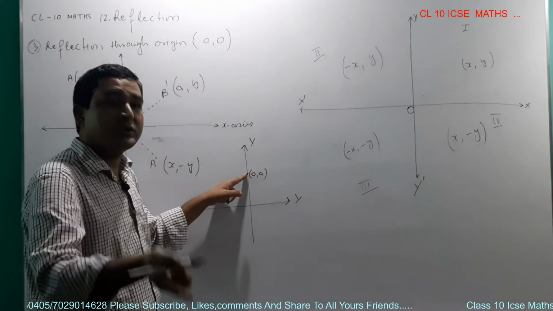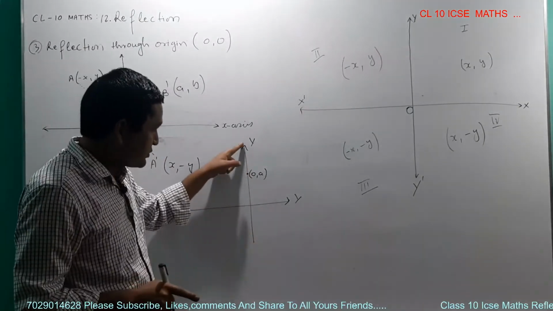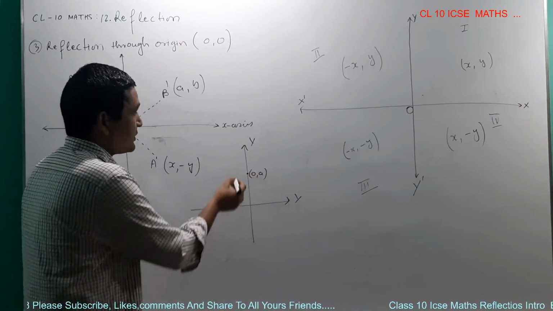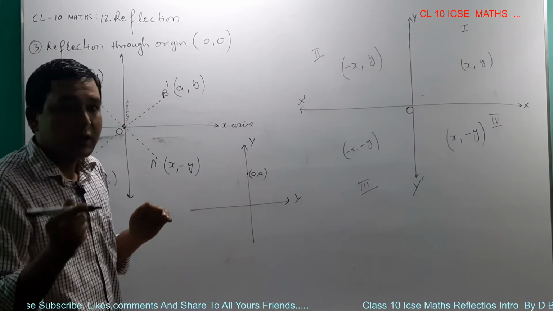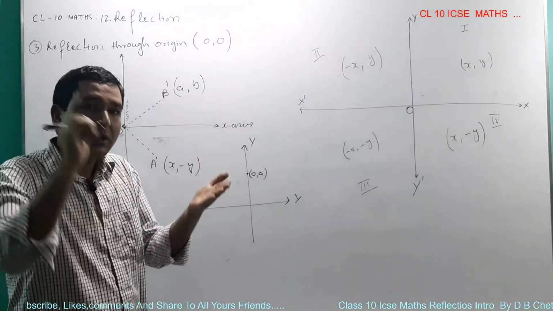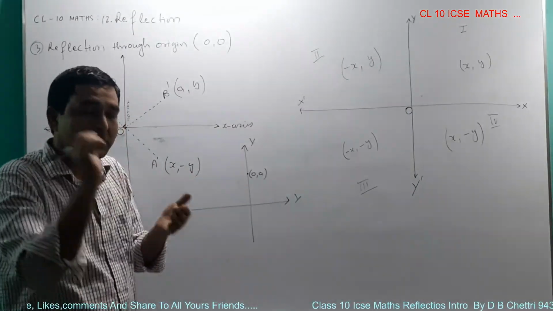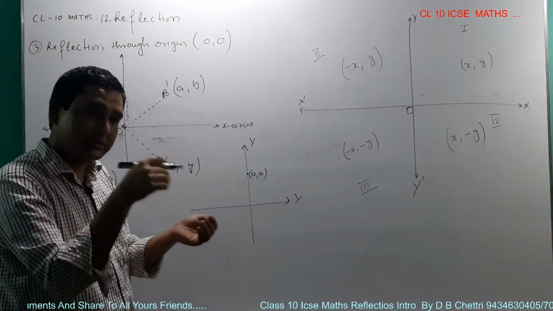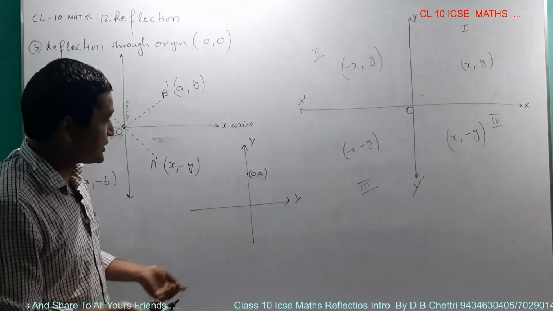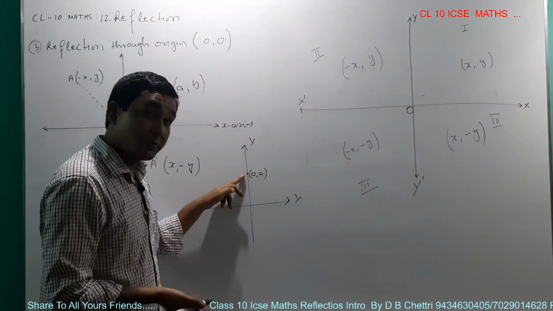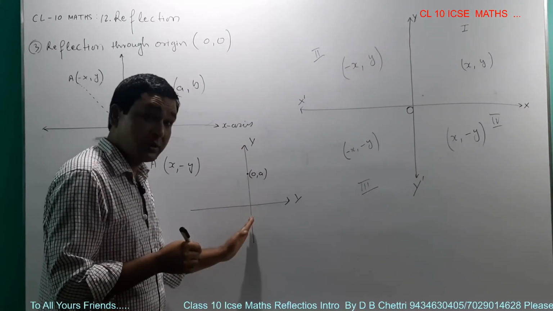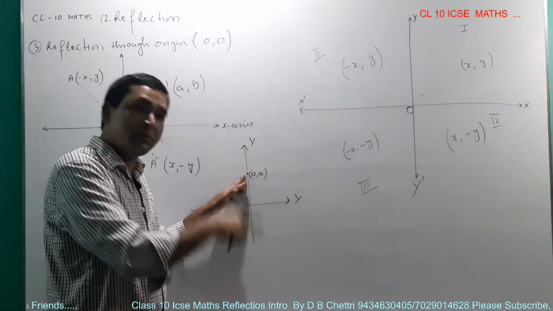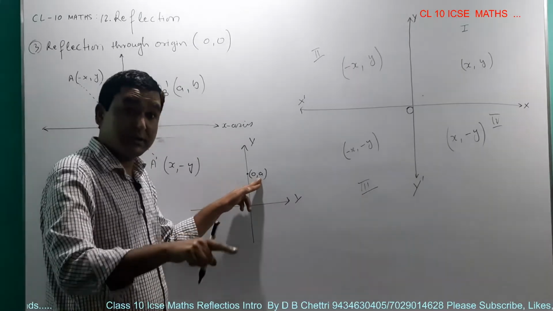If it is reflected through the y-axis, then the image coordinates remain the same. It is just like putting a dot on the mirror: the image is formed right there, at the same point. Suppose the y-axis is the mirror and you put the dot there, then the image is formed at that point only. That's why the coordinates remain the same.